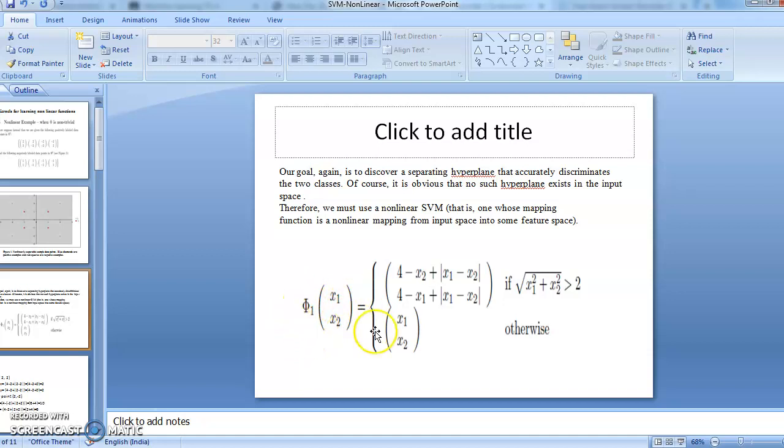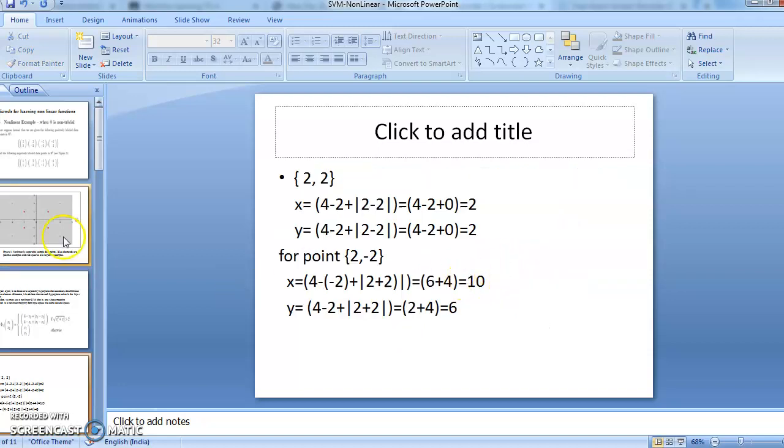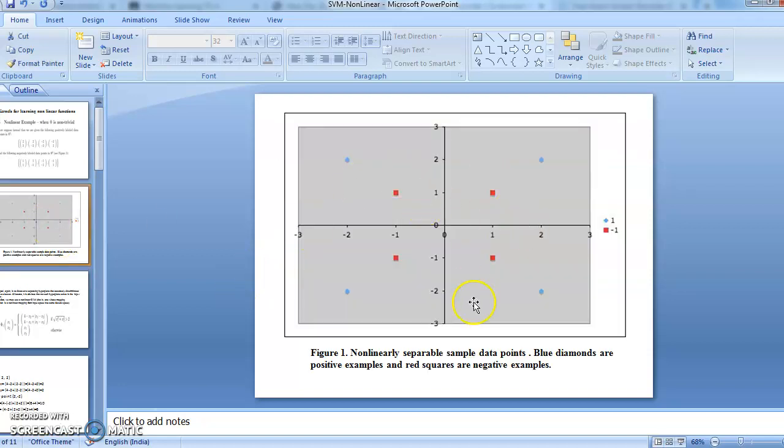This phi 1 is a standard kernel function. There are many kernel functions, but this is one of them. If you apply this function to the original data points, those data points will be transformed into new data points, and then you can easily identify the discriminating line, that is the hyperplane.